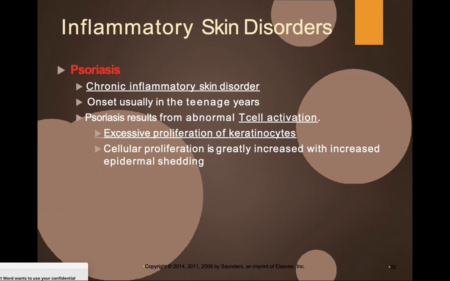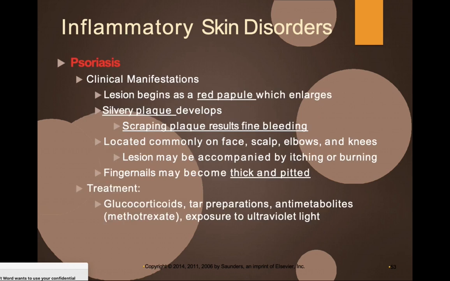It just excessively proliferates and sheds very, very quickly. You'll see it begin as a red papule, which enlarges, and then you start to see the silvery plaques, the scaling of that starts to develop. If you continually scratch and scrape the plaques, it will result in bleeding.